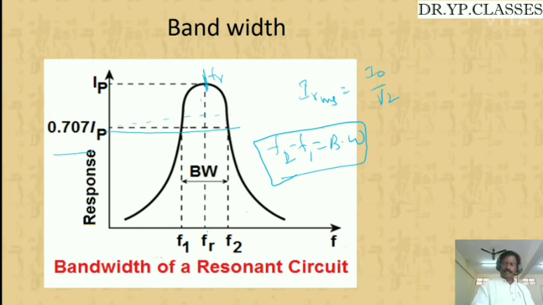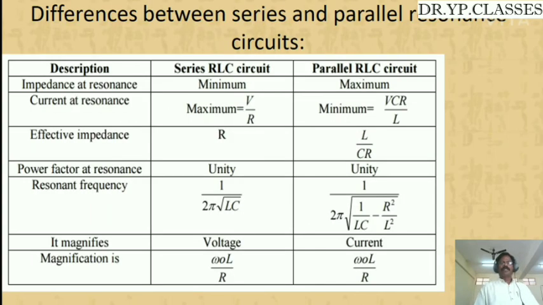Right. So this is the difference between the series and the parallel resonance circuits. Impedance at resonance: in the series case it is minimum, in the parallel case it is maximum. Current: in the series case it is maximum, in the LCR parallel case it is minimum. Effective impedance is R in series, here it is L by CR. Power factor at resonance is unity, and in the case of parallel resonance also it is unity.